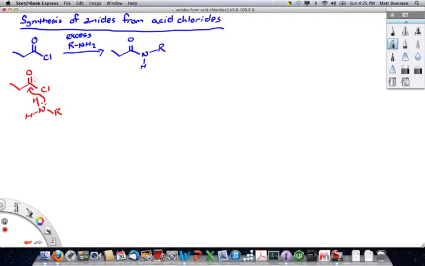So the nitrogen adds to the carbonyl, electrons go up onto the oxygen. Like so. And the electrons come back down and kick a chloride off.